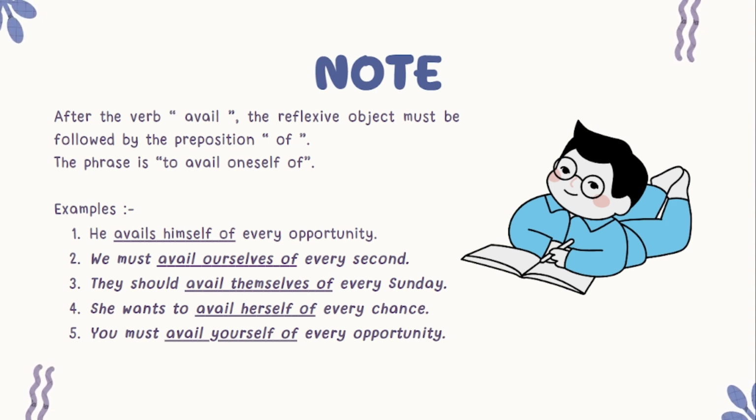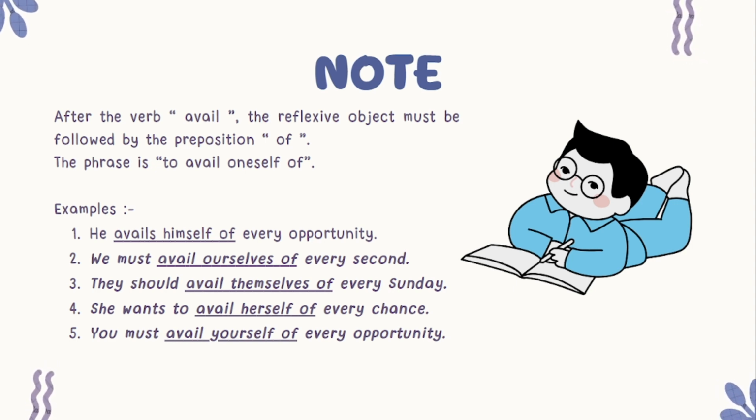Observe it. Third one. They should avail themselves of every Sunday. In this sentence, the subject is they, should is the helping verb, avail is the main verb. It is followed by the reflexive pronoun themselves plus the preposition of. Next, fourth one.